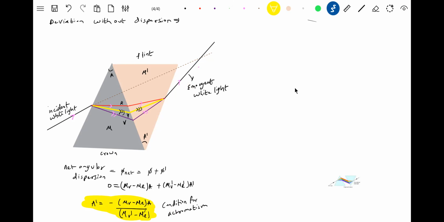Okay, let's calculate the expression for deviation. What about the dispersive powers? How will they be related to this?